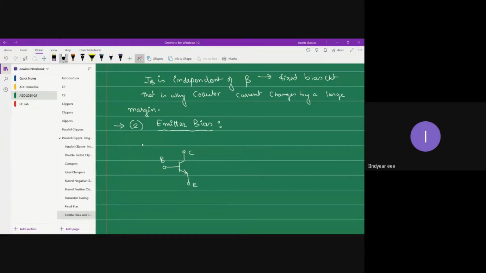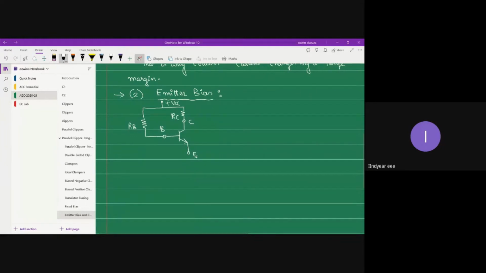The base is connected to resistor RB. The collector is connected to resistor RC, and the common point is connected to power supply voltage VCC. In case of fixed bias circuit, the emitter was directly held at ground potential, right?